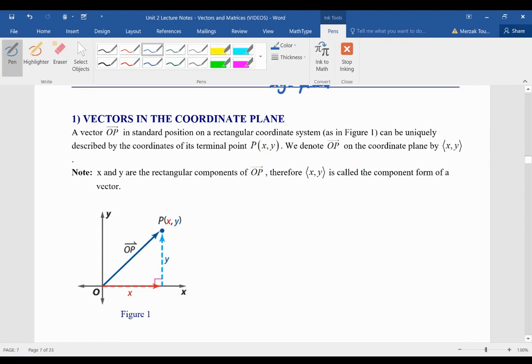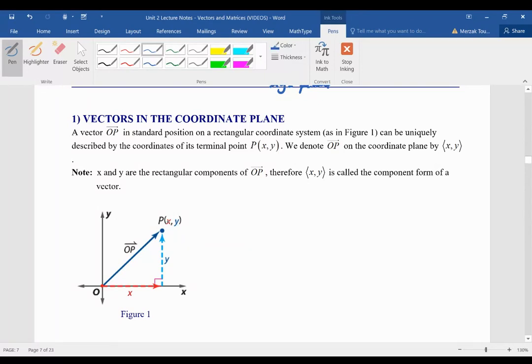Look at figure 1. We have a vector OP, and this vector is in standard position. That means the tail of the vector is on the origin, as you see. Now, the coordinates x comma y will indicate two components.